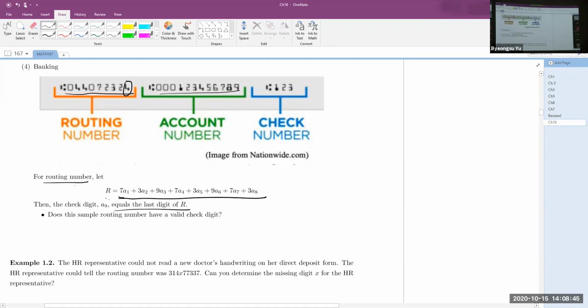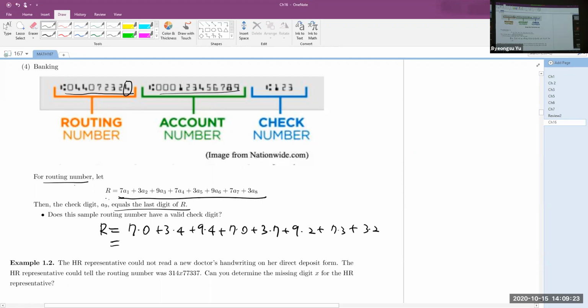So for example, in the case of the sample, if you count your R, then it is 7 times 0, plus 3 times 4, and 9 times 4, plus 7 times 0, plus 3 times 7, 9 times 2, 7 times 3, 3 times 2. I hope this is right.